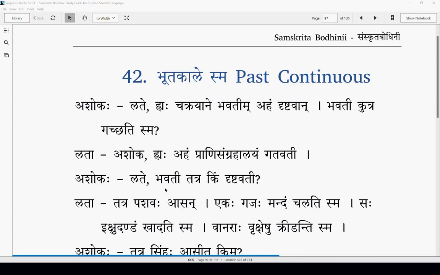So we use it here to indicate past, which is not an absolute past. Still we are using it here in the sense of past participle, or rather, past perfect. And then the sma is past continuous: was going, was doing, was eating.